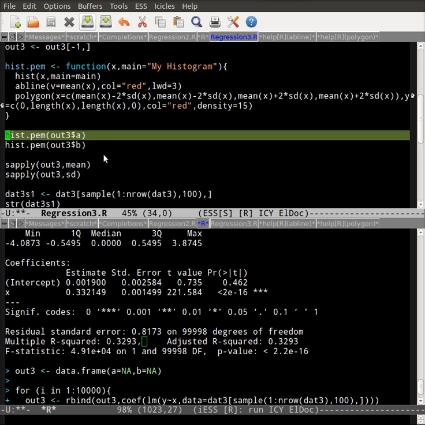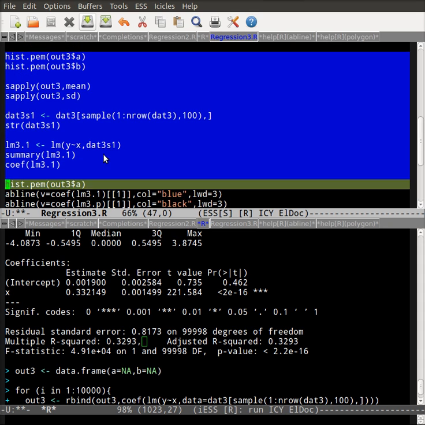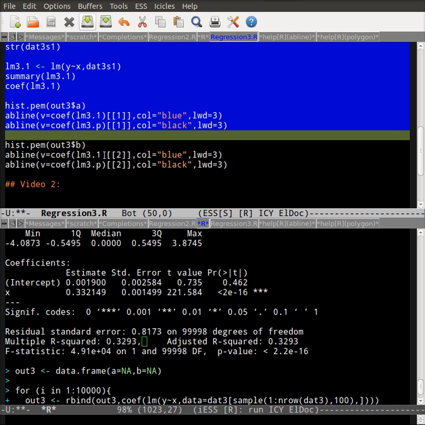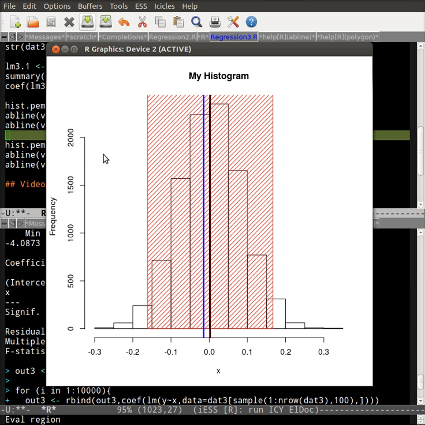I created this little function, and I want to show you what it all comes down to. I've run these models already, so let me just run this first one. I'm running all the models again, and then I want to show you what the histogram looks like and what that function produces. The function produces this histogram, and I just labeled it my histogram. There's quite an interesting set of lines here.